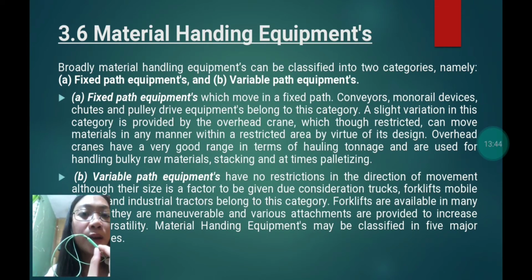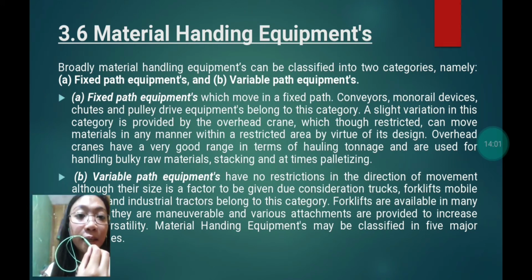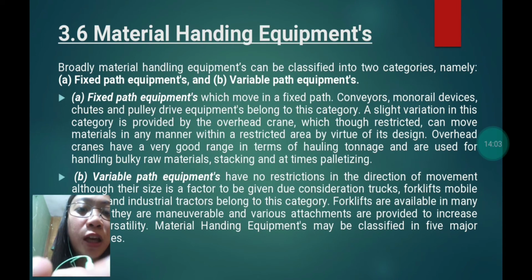Overhead cranes have a very good range in terms of hauling tonnage and are used for handling bulky raw materials, stacking, and at times palletizing. And letter B, variable path equipments.